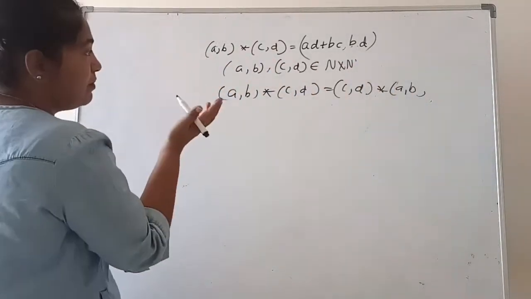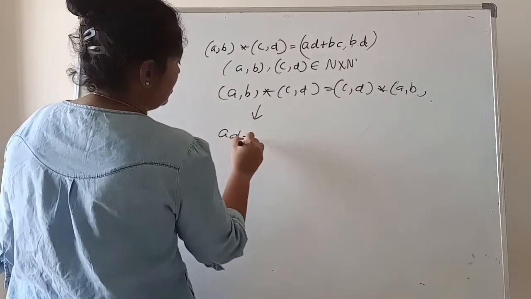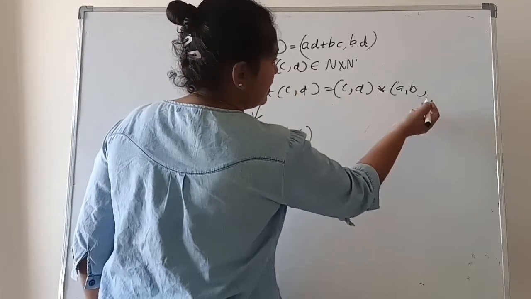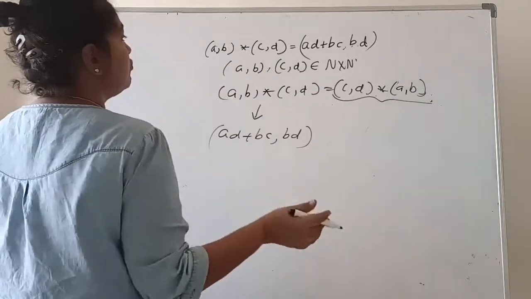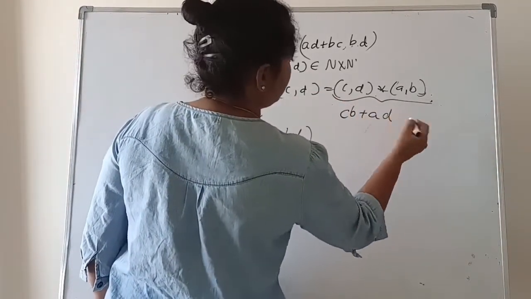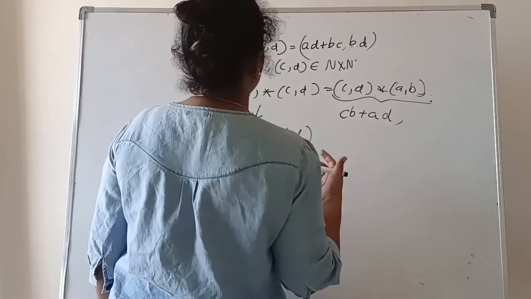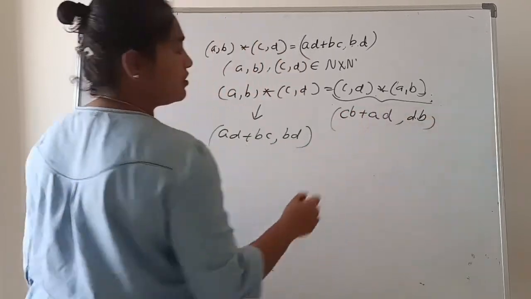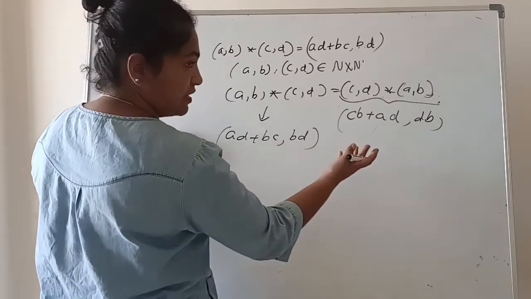Now, what is (A, B) binary (C, D)? (A, B) binary (C, D) is given as (AD plus BC, BD). What is (C, D) binary (A, B)? According to this, it should give me (CB plus AD, DB). So, let us start with the LHS and see whether it is the same as the RHS.